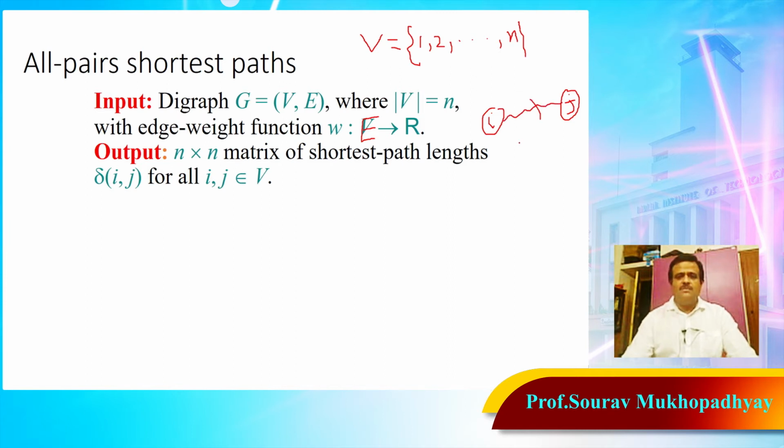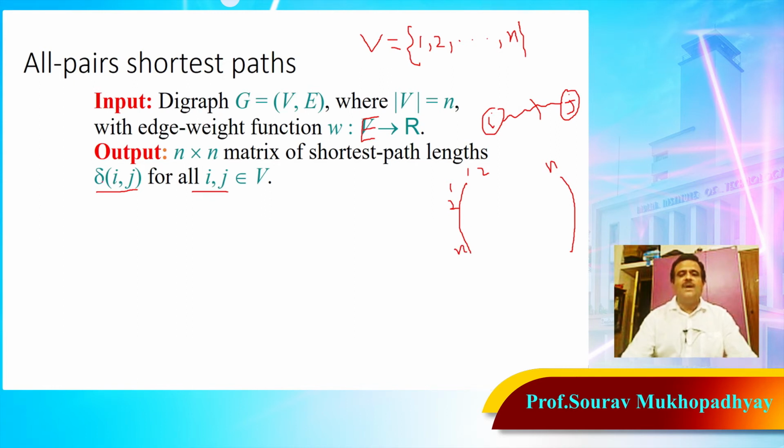This is our delta of i comma j, and this is for all i and j. We can write this in matrix form. We know there are n vertices, so this is 1, 2, 3 up to n, and we can have here 1, 2 up to n. So the matrix is basically delta of ij.